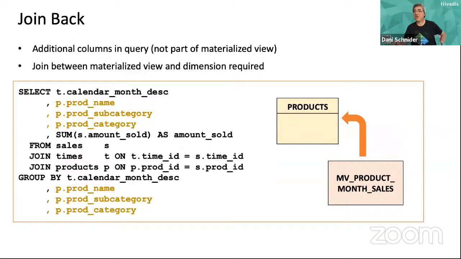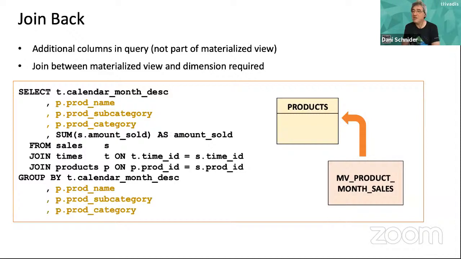And that's exactly what I want to show you with the first feature called join back. When I run a query, but I don't want to show the ID of the products, but the names and some other columns of the product table. That means this data is not available in the materialized view.